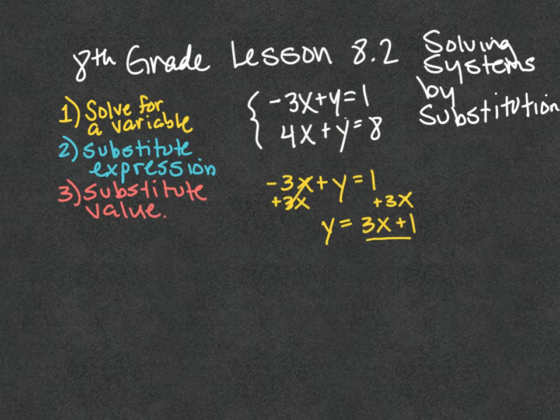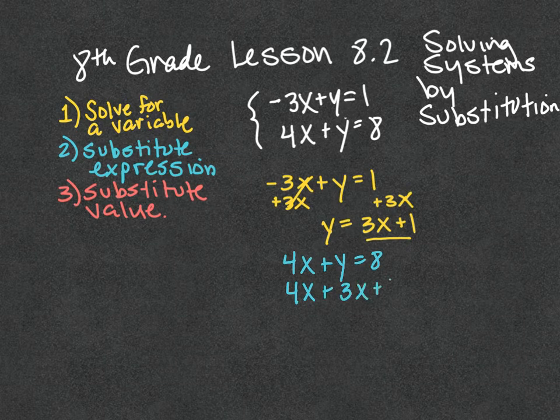So if y equals 3x plus 1, I'm going to substitute this expression for the y in the equation 4x plus y equals 8. Instead of y, I'll write 3x plus 1, so 4x plus 3x plus 1 equals 8.